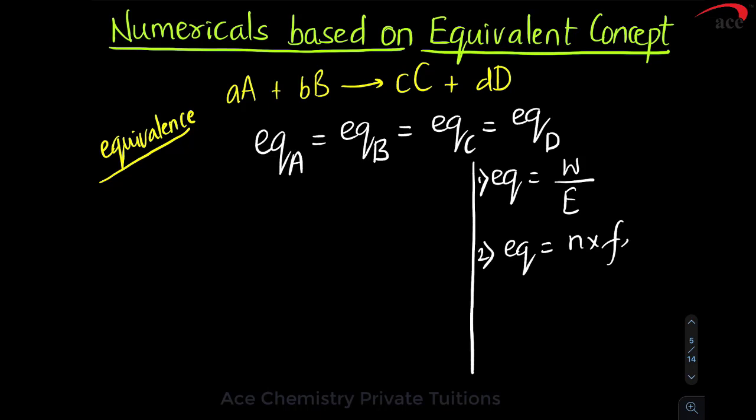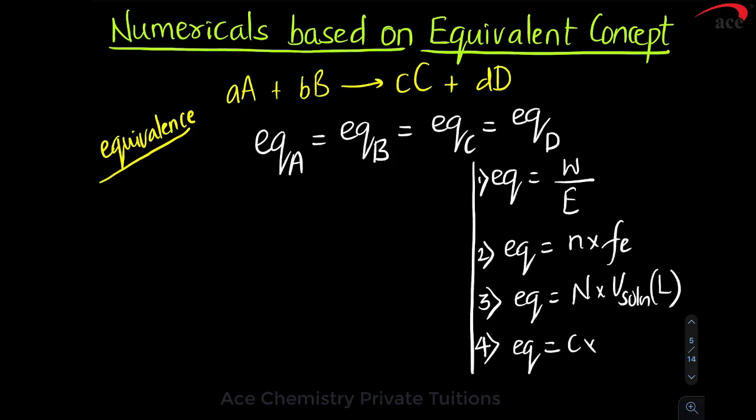Weight upon equivalent mass, that's one formula. Second, EQ can be written as number of moles multiplied by equivalent mass factor. EQ can also be given as normality multiplied by volume of solution in liters, or molarity multiplied by equivalent mass factor multiplied by volume of solution in liters.